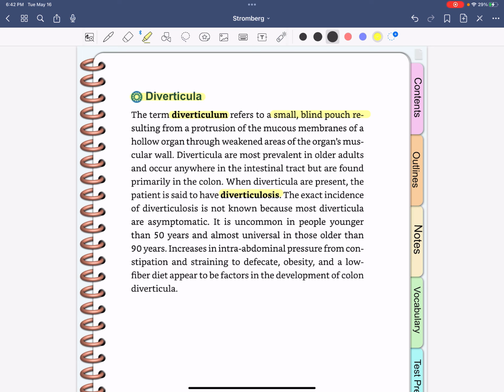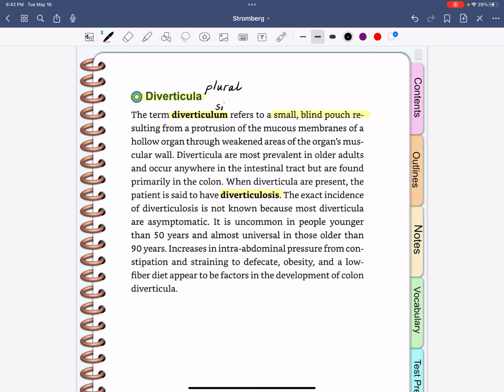Okay, the word diverticulosis, let's see if we can find the meaning of that word. So I'm going to look at the sentence in which the word is contained. And it says, when diverticula are present, the patient is said to have diverticulosis. Well, this is diverticula, not diverticulum. But I am guessing that diverticula is the plural form of diverticulum.